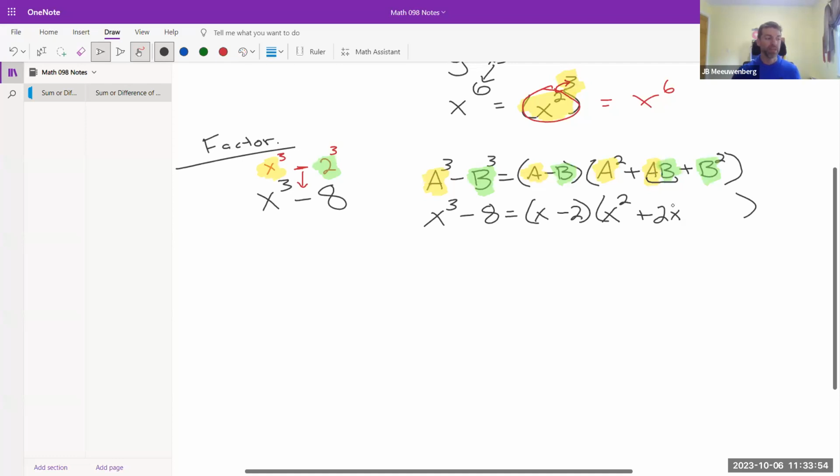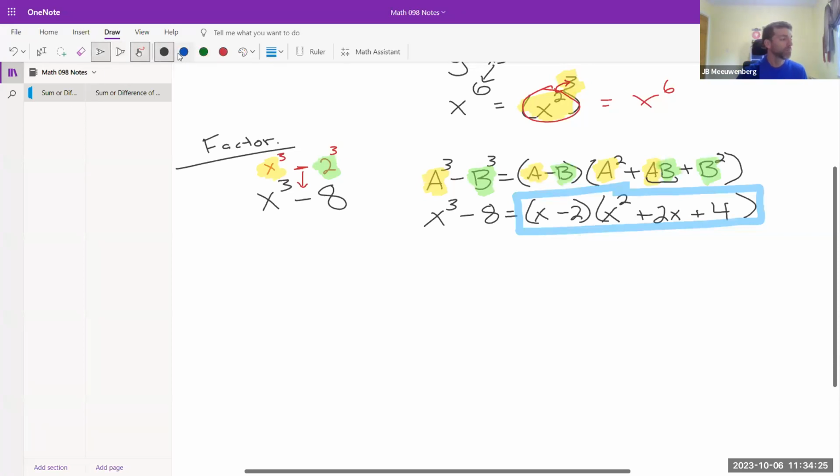Even though it says ab, we can write ba, 2x, plus, and then we take whatever the b was, which is 2, and we square it. Maybe you have to write it out like this first, and then square it, or maybe you just write it as 4. And that's it. We're not able to factor this anymore. So this is our completely factored difference of cubes.